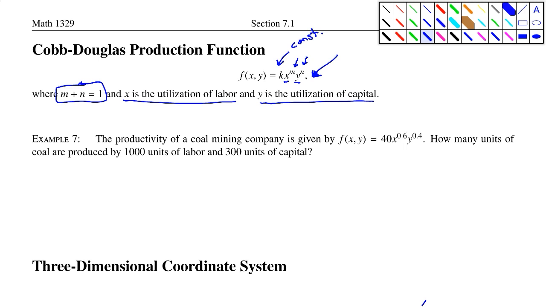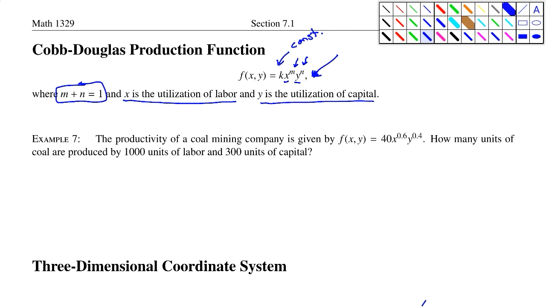So labor is how much you pay for work, and capital is how much you can invest in factories and machinery and things like that. And then this produces units or specific quantities, whatever it is, because they changed it with the constant to utilize that. But that's how the Cobb-Douglas function works out.